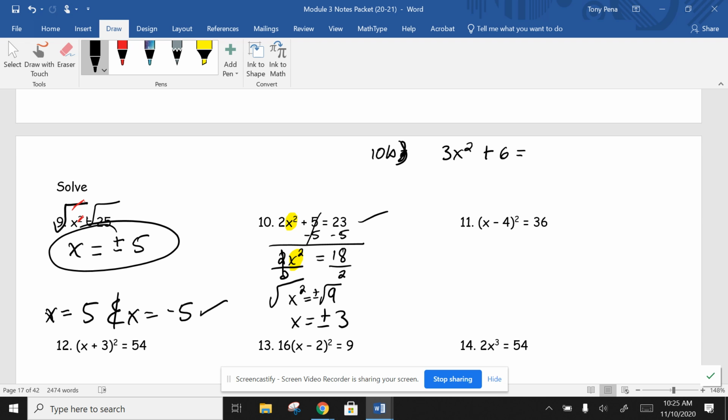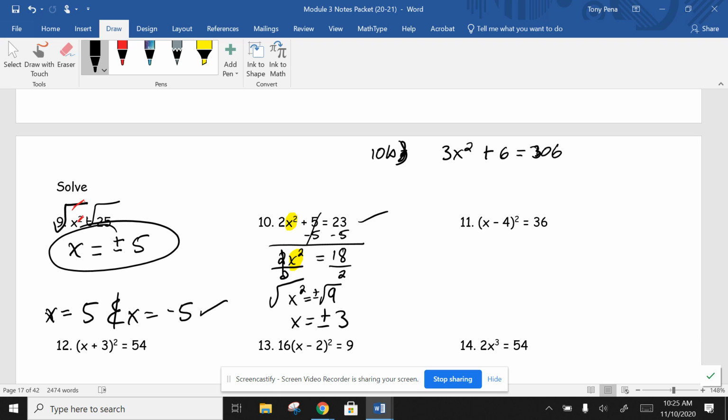I'm getting old. Mr. Kuwit's coming up with these off the top of my head. 300. All right, do 306. So 3x squared plus 6 equals 306.